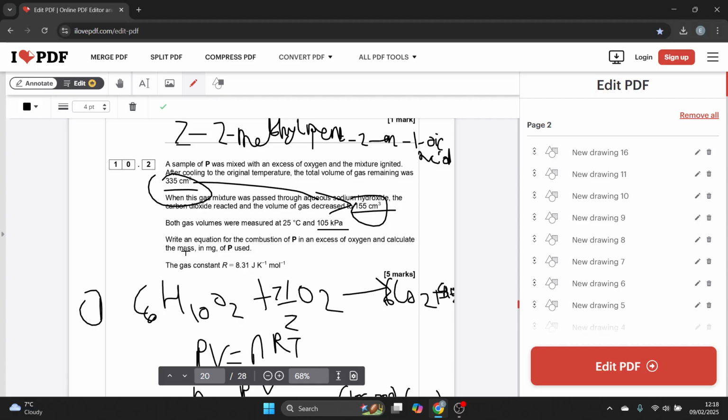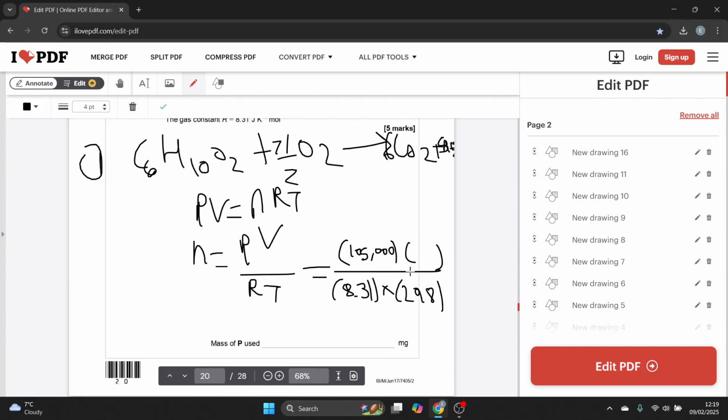So again, I'm not sure. Gas mixture, carbon dioxide reacted, volume of gas decreased to that. Oh, right, okay. So I need to do 335 minus 155, and then that will give me the volume, 180. But remember, I want it in meters cubed, so divide by a million, times 10 to the power minus 6.